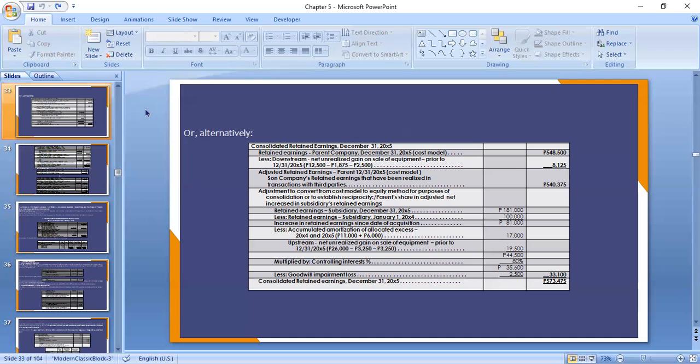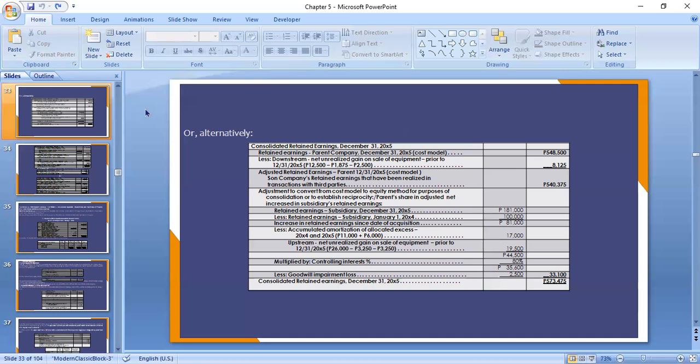So we have now the retained earnings of the subsidiary. We have the ending and the beginning balance, that's as of the date of acquisition.